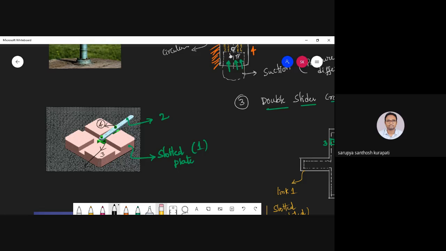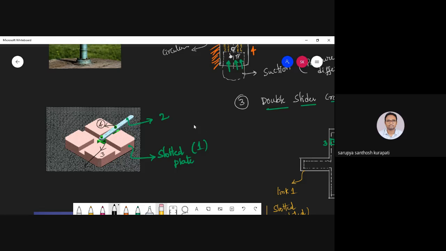In the slots, these sliders are going to reciprocate or translate. This link is connected to two sliders by using a turning pair.